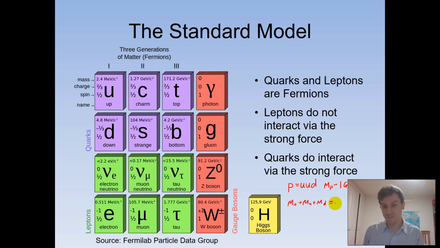So altogether that's about 10 MeV. So you see that the proton is actually 100 times more massive than the sum of the masses of its particles, and the reason is the rest of the mass of the proton comes from interaction energy, from this strong force interaction going on between the quarks within the proton.